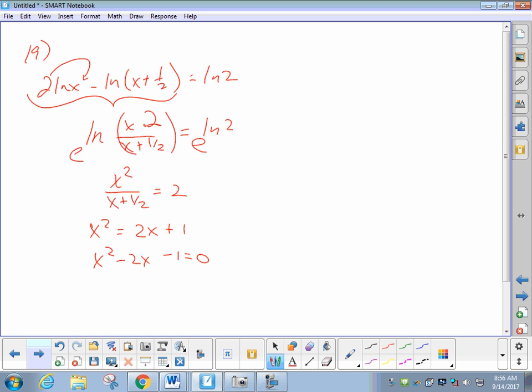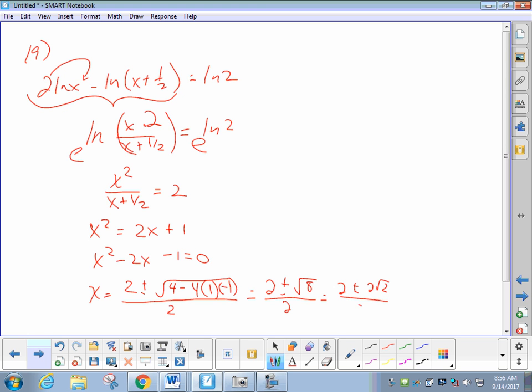And so, by quadratic formula, 2 plus or minus the square root of 4 minus 4ac over 2a is 2 plus or minus root 8 over 2, which is 2 plus or minus 2 root 2 over 2, which is 1 plus or minus root 2.